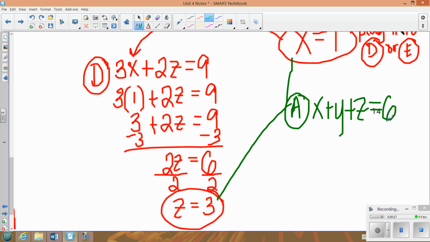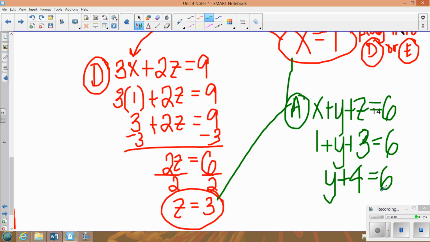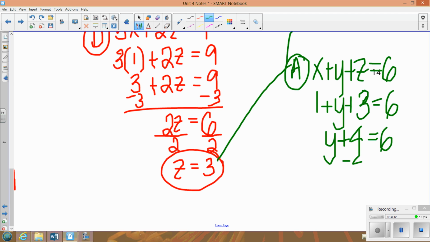And that will allow me to solve for that third variable. So I'm going to plug in 1, and I'm going to plug in 3 for z. So I get y plus 4 equals 6. Subtract 4. We get y equals 2.